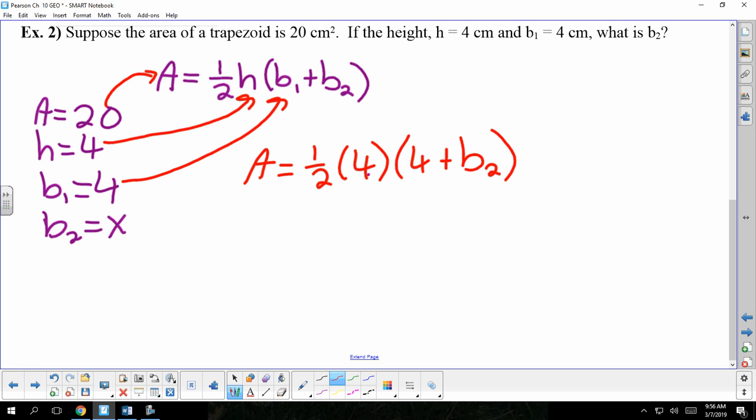And that B2, that's just our x there. So take a minute to see if you can solve that using algebra. It's just a one-step equation.